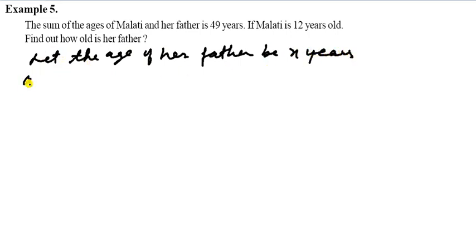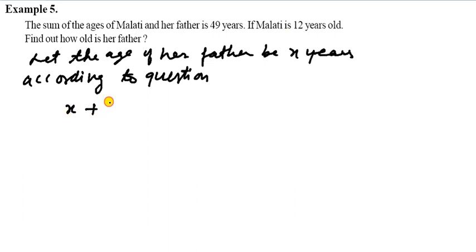So according to the question, the sum of the ages of Malti and her father. Malti's age is 12 years and father's age is x. So x plus 12 gives 49.